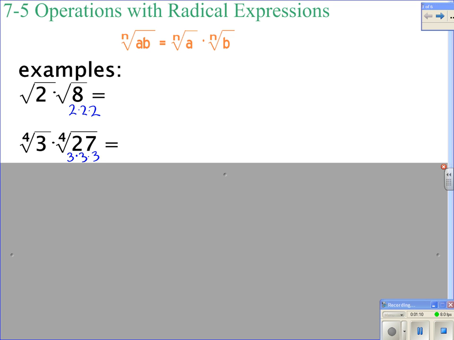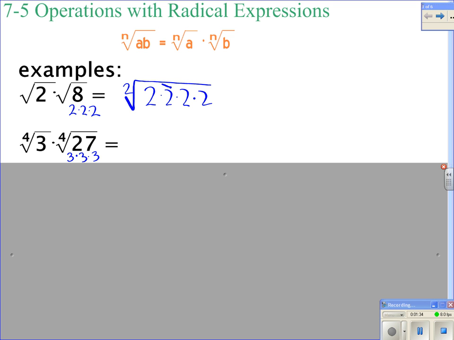So if we put these together, we really have 2 times 2 times 2 times 2. Now, when there isn't a number outside of the root, what number is really there? 2, square roots. So you're looking for groups of 2 that match.